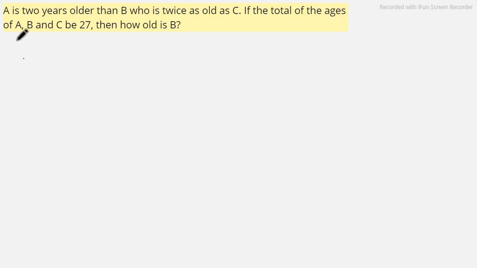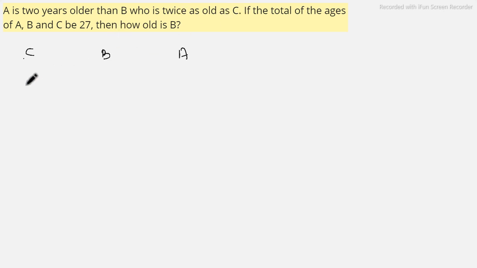So the next question is, A is 2 years older than B, who is twice as old as C, and if the total ages of A, B and C is 27, then how old is B? So let's say C, B and A. I will go in reverse order.